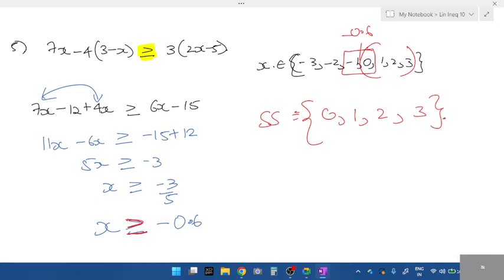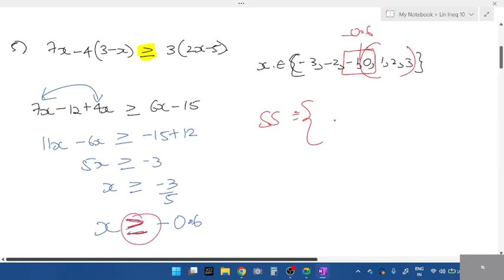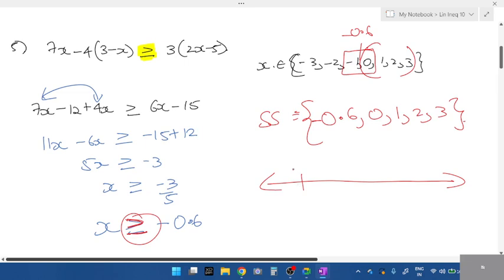Yeah, it lies in between 0. Sorry, you should even take 0.6, students. Is equal to is given, right? I missed out that. Can you see is equal to sign? So you need to take minus 0.6, 0, 1, 2, 3. So write minus 1 here, 0, 1, 2, 3 and 4, just for reference.